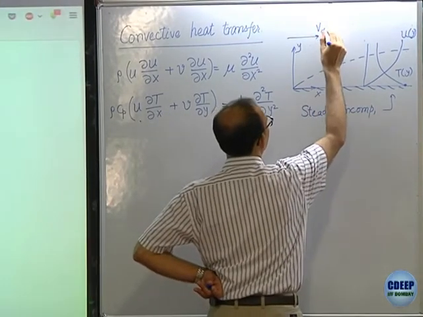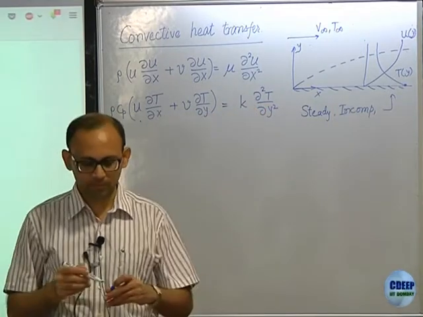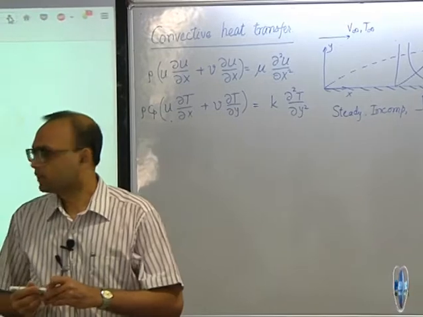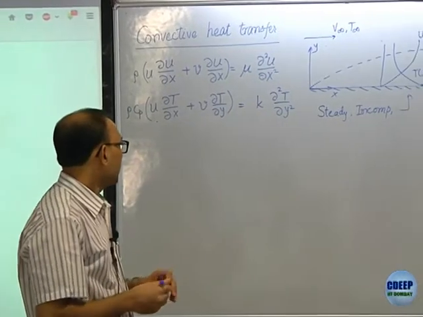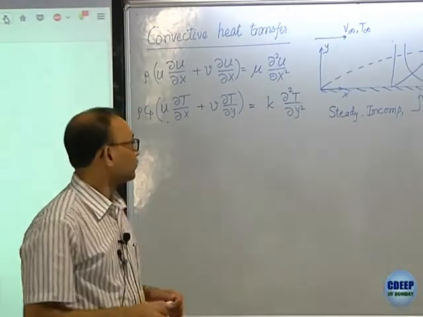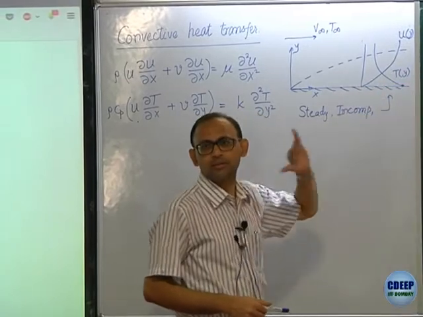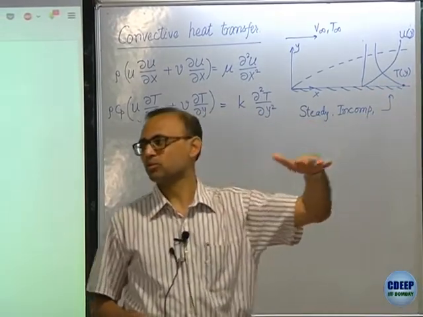V infinity, T infinity. A flow over a flat plate, developing a boundary layer on the plate, a velocity boundary layer, also a thermal boundary layer, and the thermal boundary layer is responsible for the heat transfer happening from the plate to the flow, to the fluid.